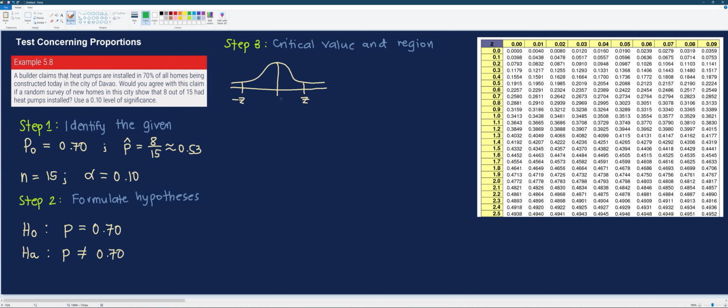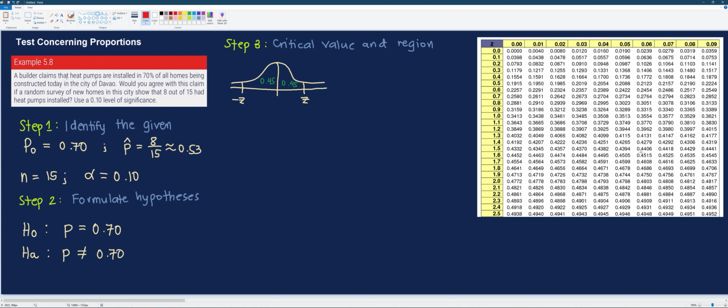We know that from the center, going to this point is equal to 0.45. Also, from the center going to this point is also equal to 0.45. Adding these two regions, we have 90%. Hence, this illustrates the middle 90% in the normal distribution curve.